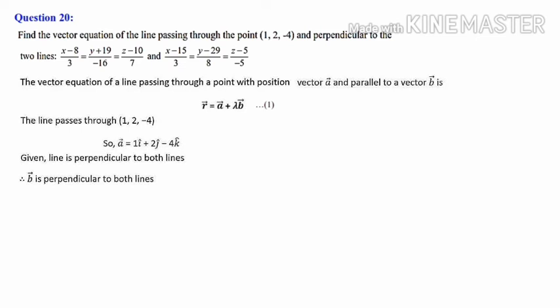And just connect it with the cross product, just similar to the previous question. Cross product means if you take the cross product of two vectors, that cross product will be a vector which is perpendicular to both the given vectors. So this is a condition what we have learned. We know that vector a cross b is perpendicular to both vector a and vector b.